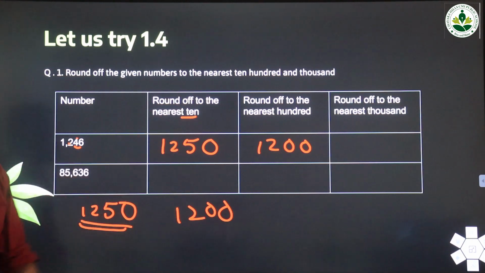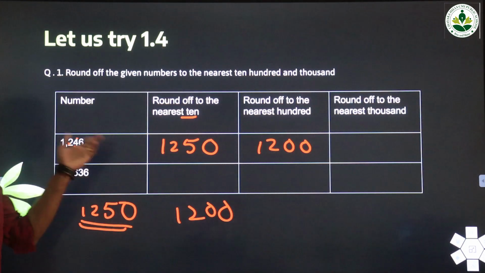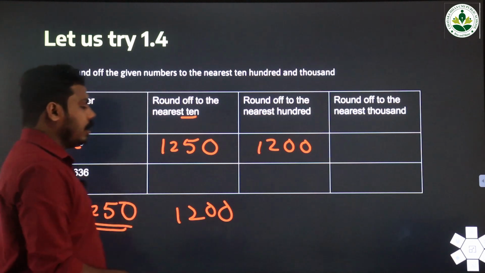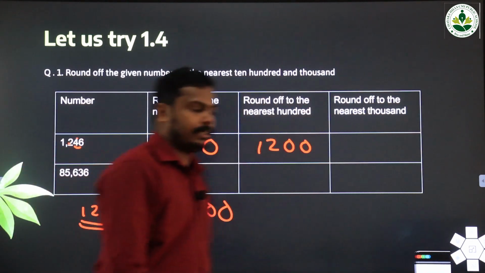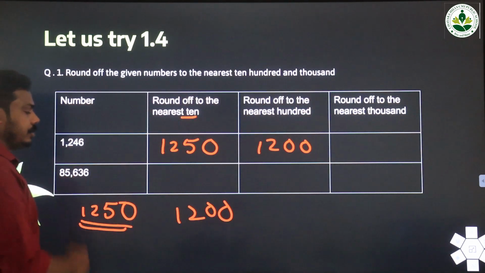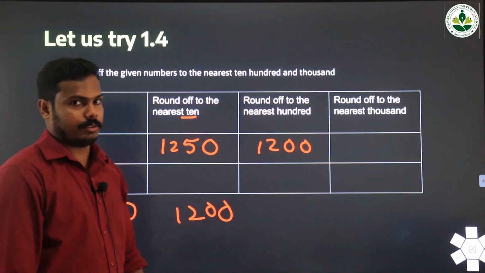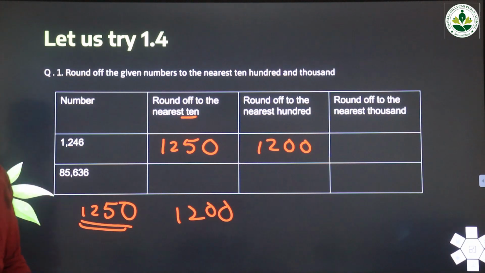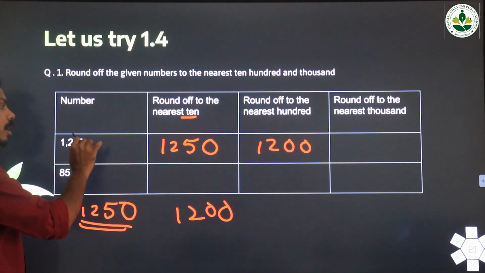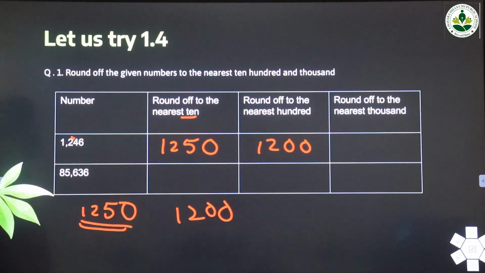The next is round off to the nearest 1000. We need to round off 1246 to the nearest 1000. For rounding a number to the nearest thousand, look at the digit in the hundred place. Here it is 2.